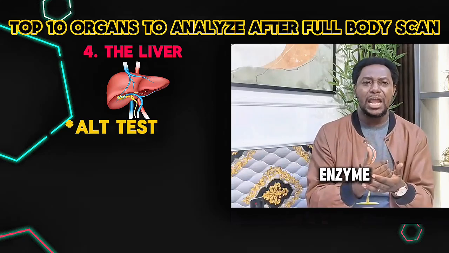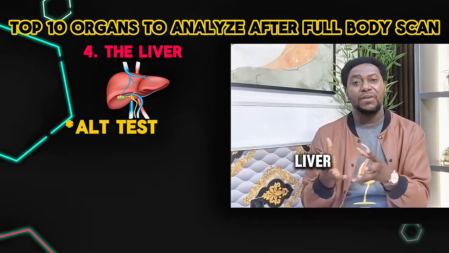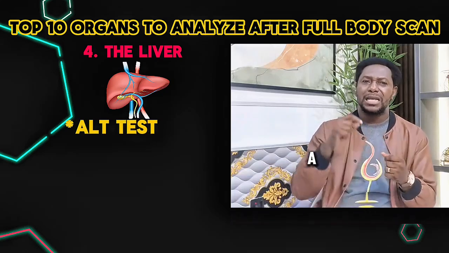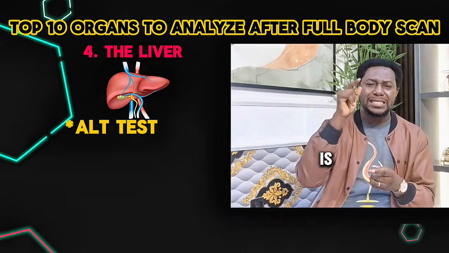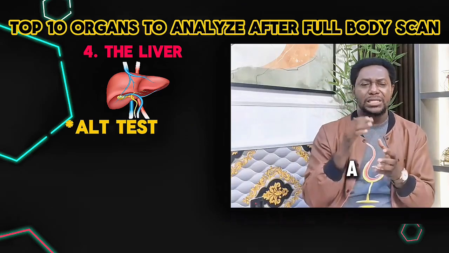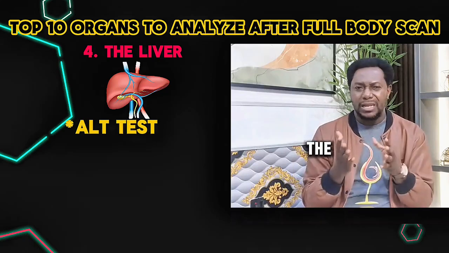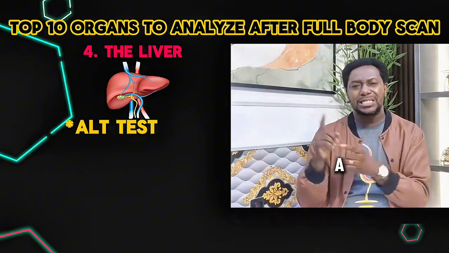It's an enzyme that converts protein to energy for the liver cells to use. If the ALT levels are high, then it is a pointer that there's an injury to the liver or there's damage somewhere. The ALT levels are not supposed to be elevated unless there's a problem, so that's a marker.